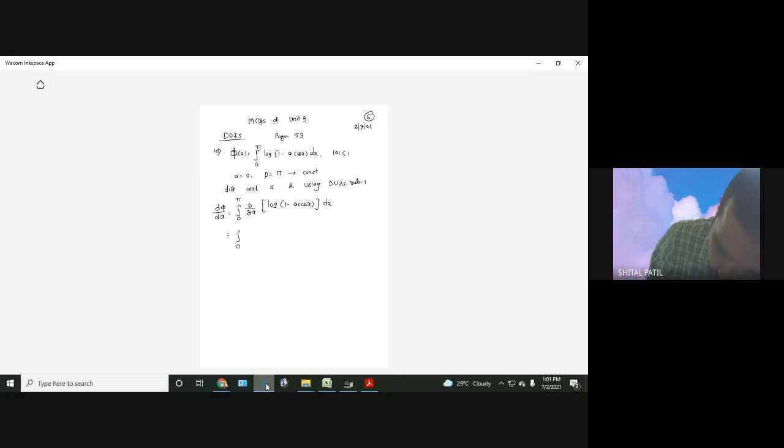Differentiate. So 0 to pi, 1 upon 1 minus A cos x into the derivative of 1 minus A cos x with respect to A, minus cos x dx. This is the answer.